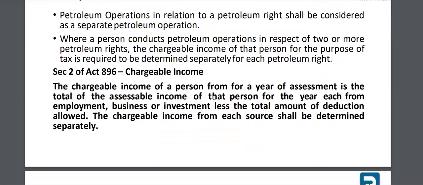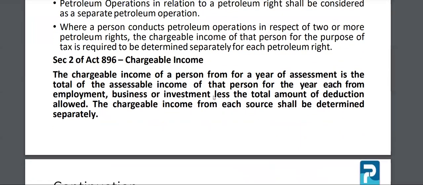Then let's look at what chargeable income is under Section 2 of Act 896. The chargeable income of a person for a year of assessment is the total assessable income of that person from employment, business, investment, less the amount of deductions allowed.